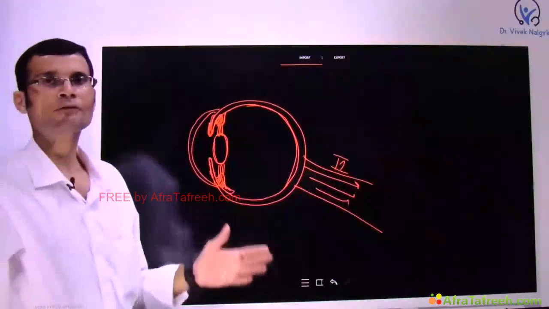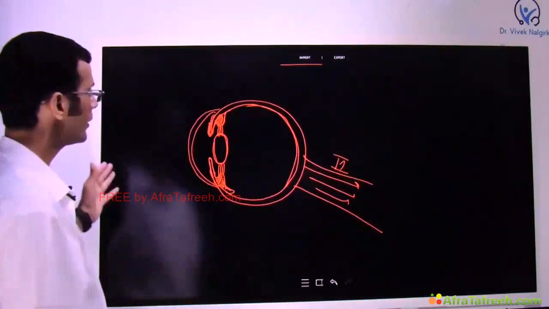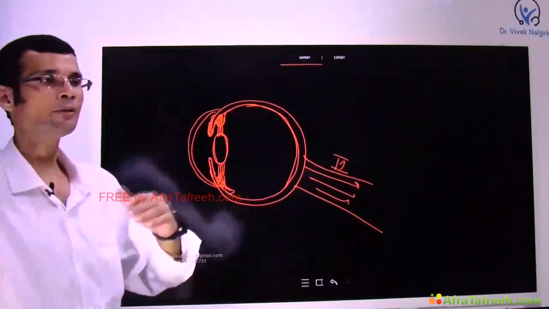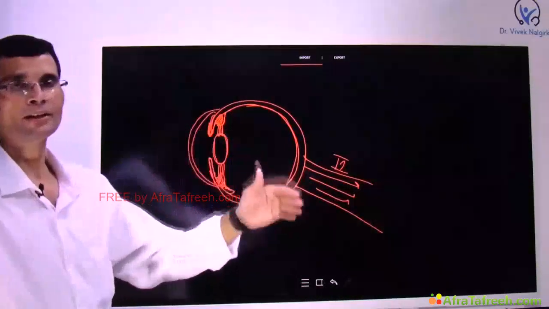Let us see the optics of vision. There are four surfaces where refraction occurs. Refraction is the bending of light rays when they travel from one medium and enter another medium.